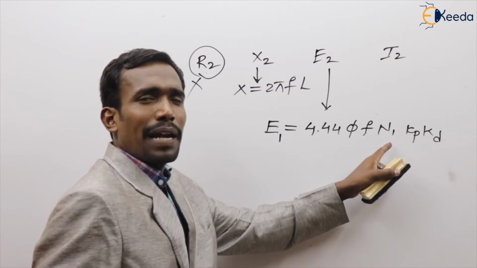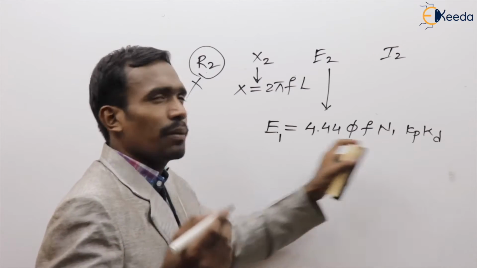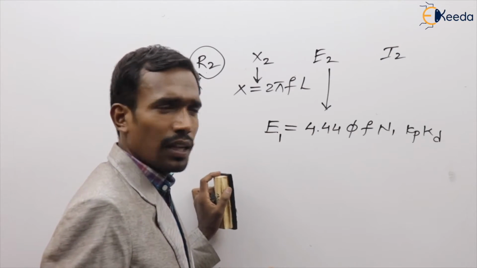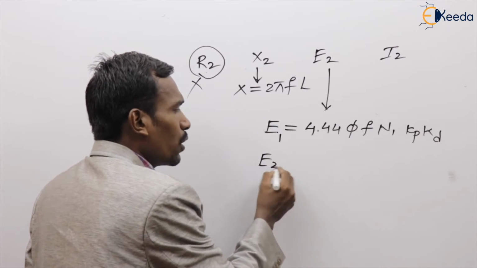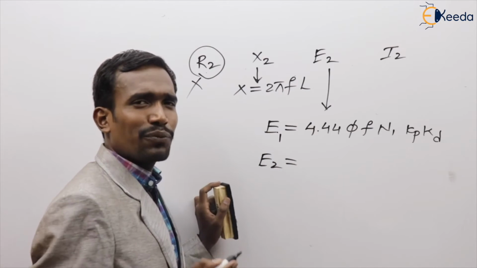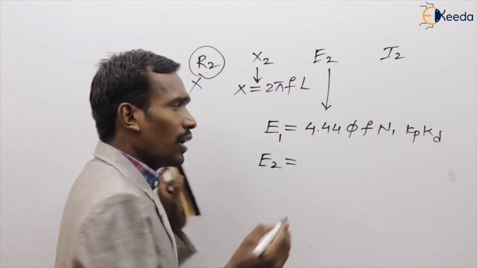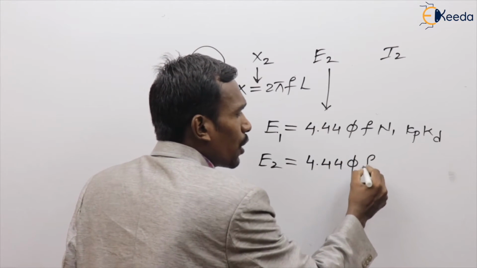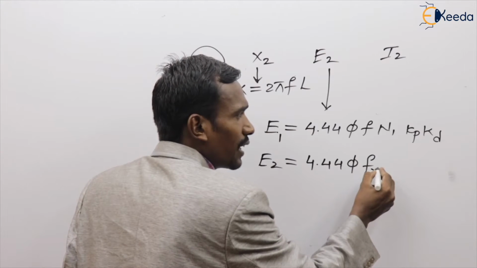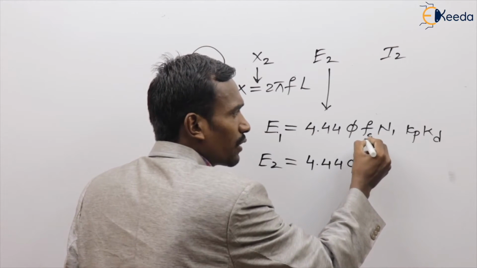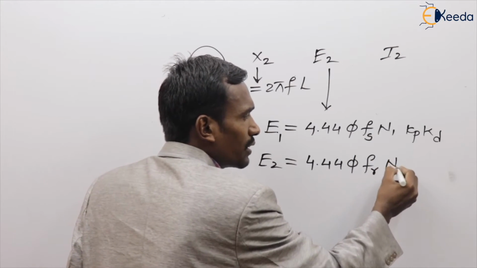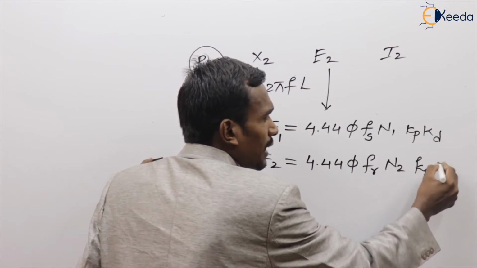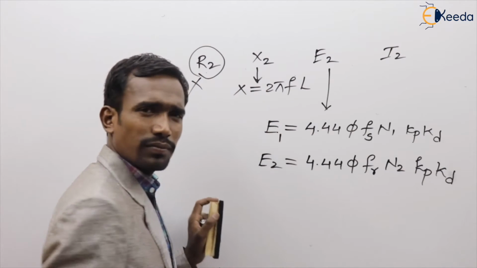N1 is the primary or stator number of turns. Similarly, E2, the rotor EMF, is equal to 4.44 into phi into rotor frequency, into N2 into Kp into Kd. This is the stator frequency, this is the rotor frequency.